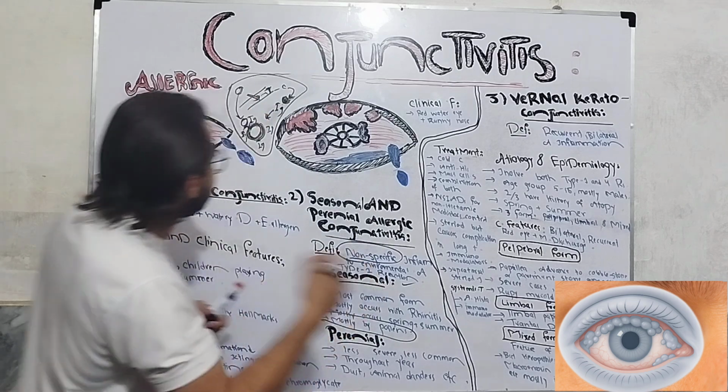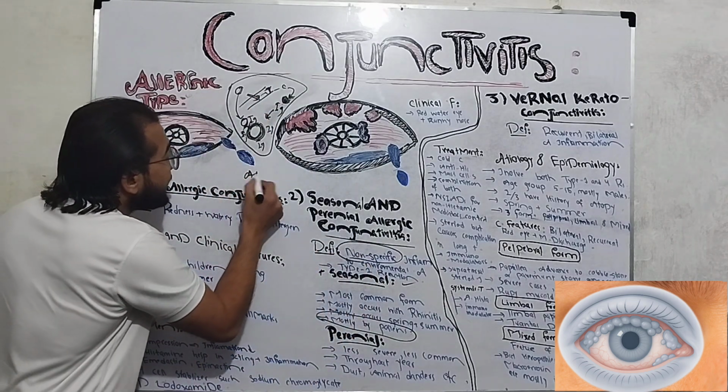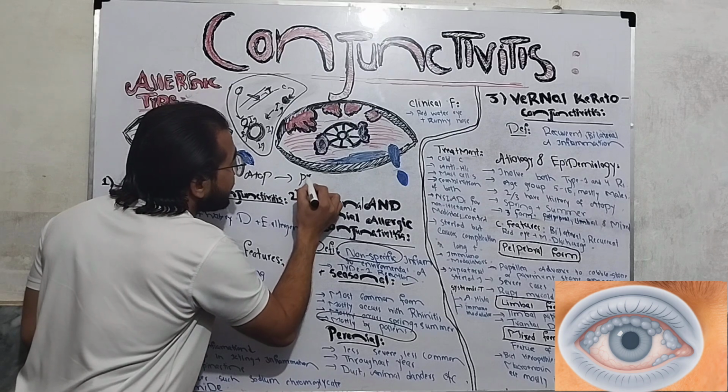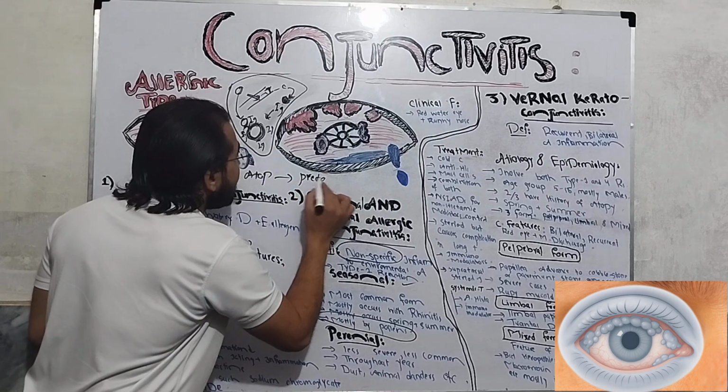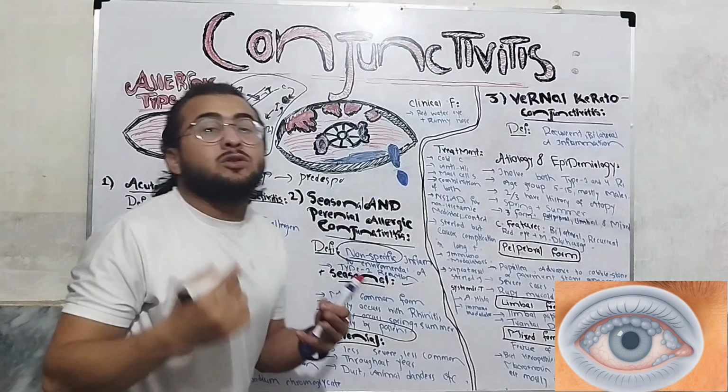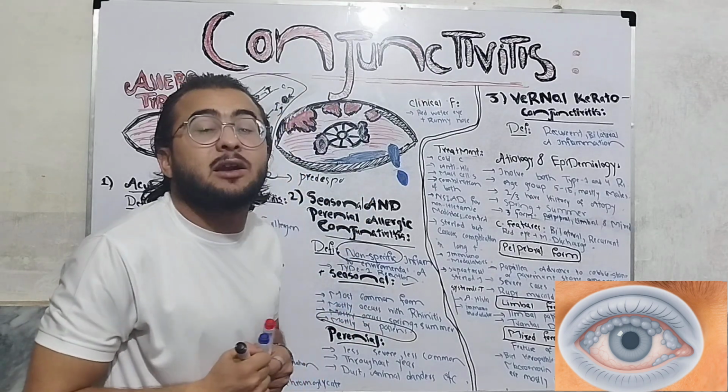What is atopy? Atopy is the predisposition to allergy. Okay, predisposition to what? To hypersensitivity reaction. This is called atopy.